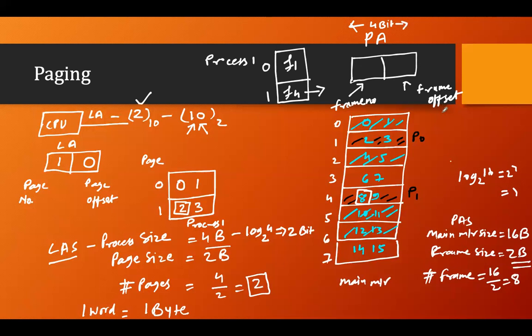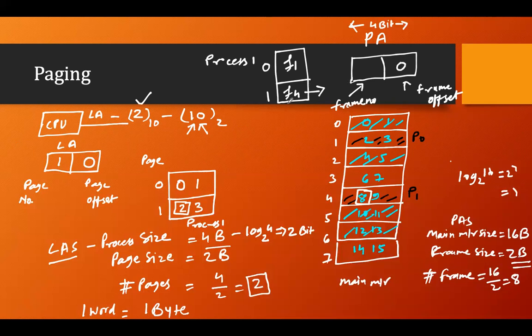Now for the offset, we know how much we require, because the offset depends on the frame size. Frame size is 2 words. So for 2 words, we require 0 or 1. That will be the same as here. So this offset will be the same as here.